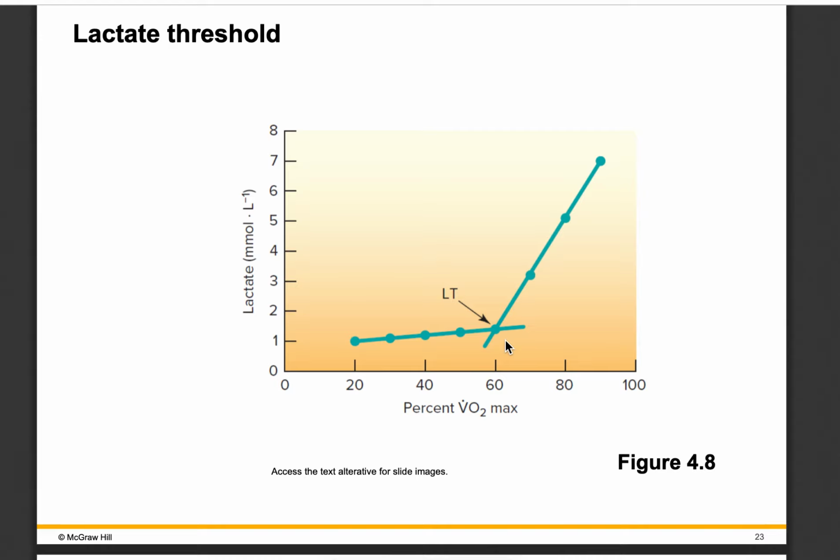This is where your aerobic system kind of maxes out and anaerobic starts kicking in to help keep you going for a little while longer. The lactate threshold is really critical. Let's say we take Olympic marathon runners. All of them have really, really high VO2 maxes. They can consume a lot of oxygen. But they have different lactate thresholds.